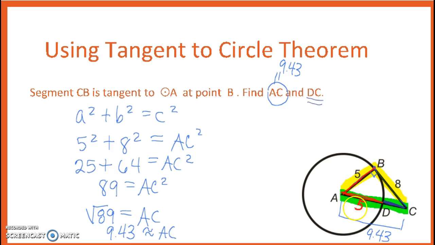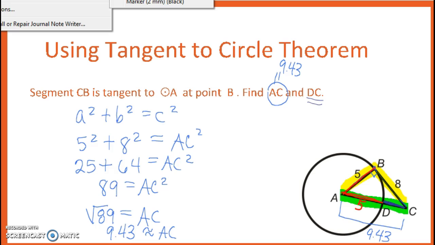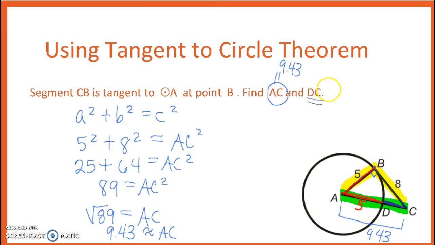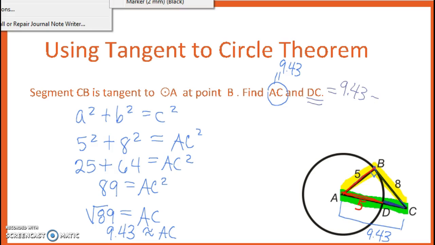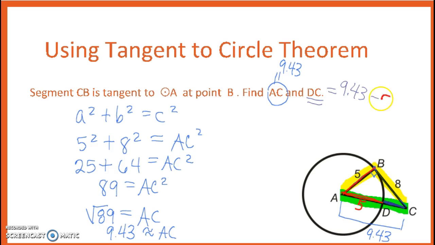So AD must equal 5. So if I'm looking for the length from D to C, then I can just take the entire length of the segment, 9.43, and subtract off the length of the radius. And that's going to give me that DC is equal to 4.43.